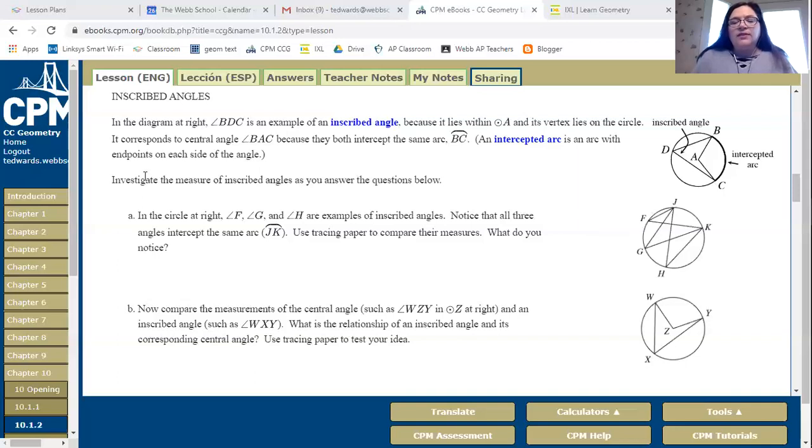What this exercise asks us to do is take a look at the different angles and use tracing paper or a protractor or some other way to measure them and see how they're related. In all three of these circles, if you were able to zoom in and actually use a protractor, you would find that we know the central angle itself.